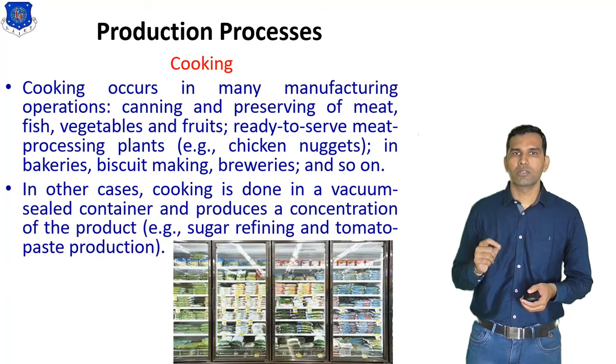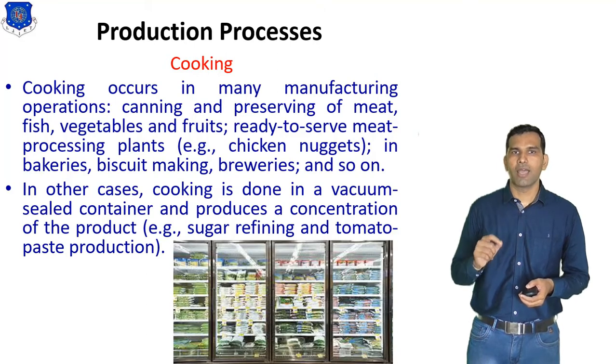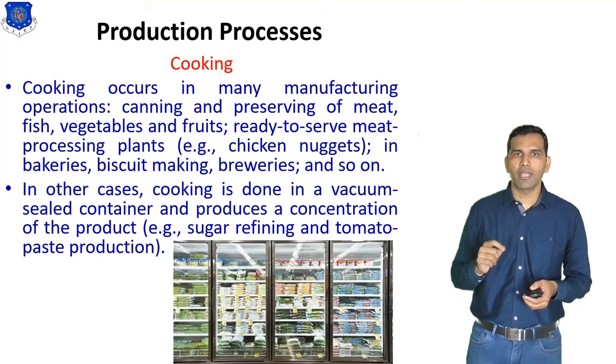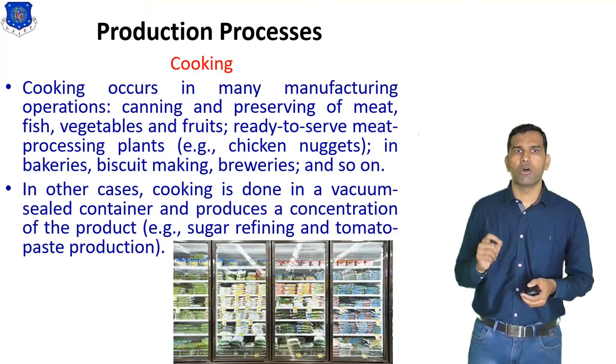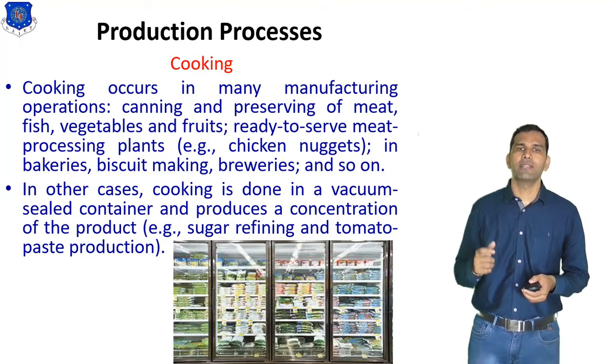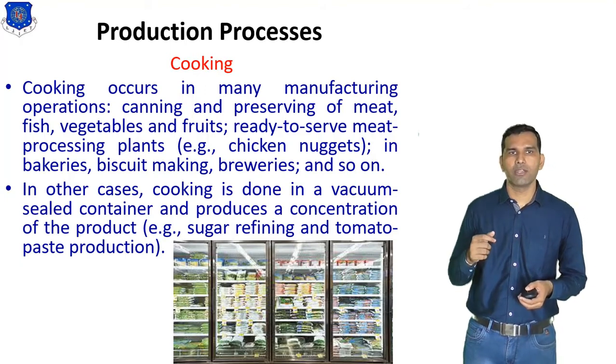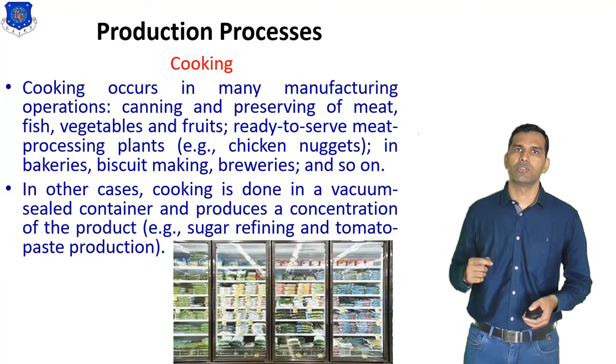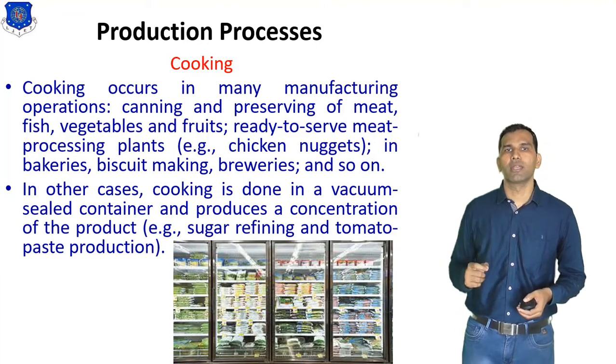In other cases, cooking is done in a vacuum sealed container to produce a concentration of the product, as used in sugar refining and tomato paste production. So this is the method of cooking.